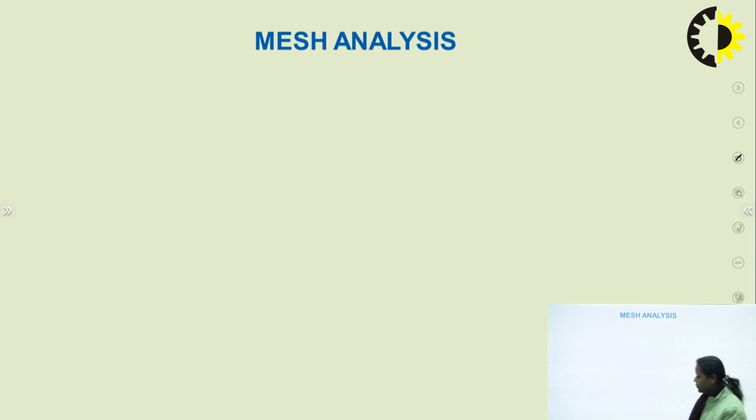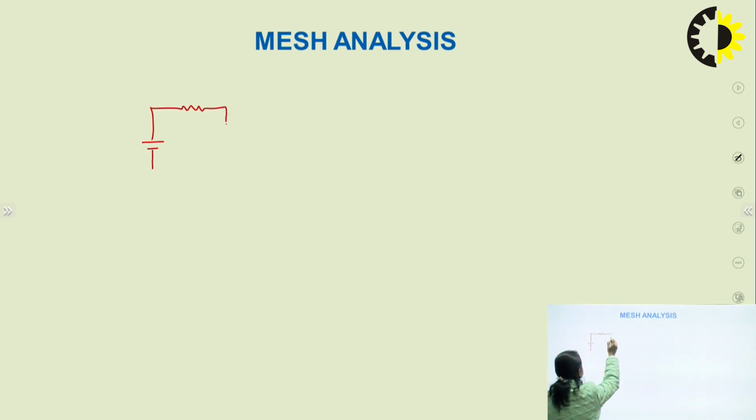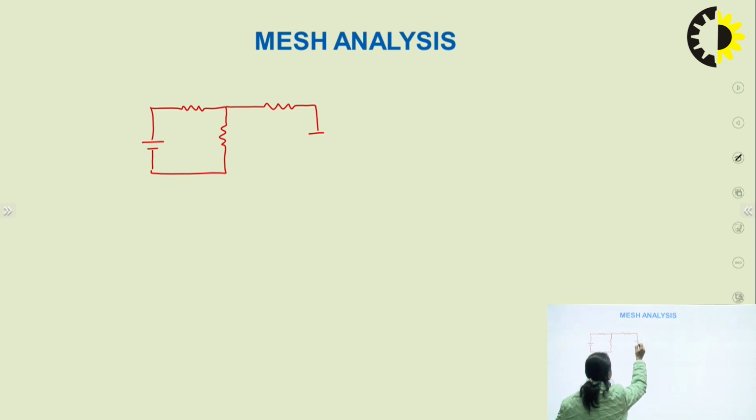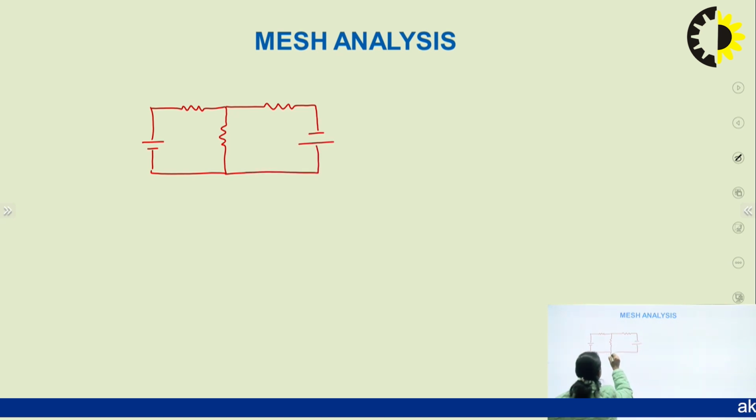So now how can we solve the loop mesh analysis? Here I am taking one circuit. Suppose this is V1, this is V2, here this is R1, this is R2, and this is R3.